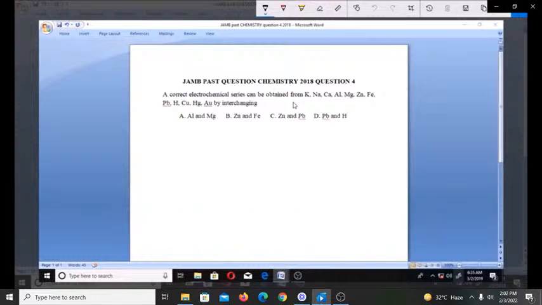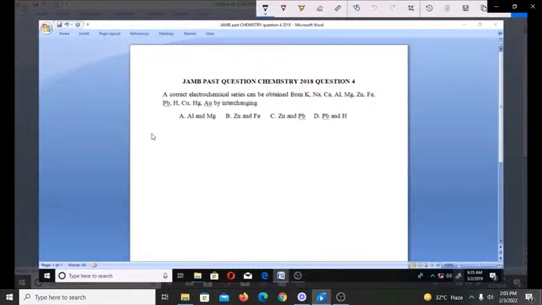Now, if you look at the electronic configuration of these various elements, which determines their arrangement in the electrochemical series, you will find out that aluminium comes before potassium. So this Al comes before potassium, which is K, and then magnesium comes before aluminium. So now let me write the right arrangement that we are supposed to have for the electrochemical series.